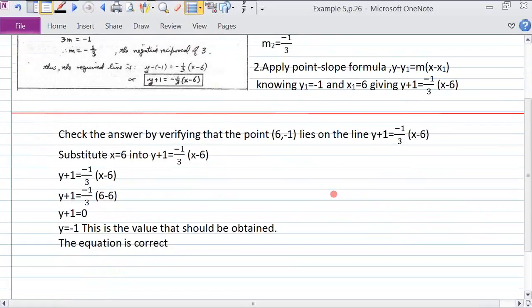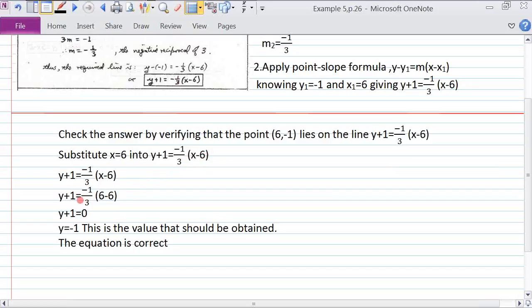Now, we can just check this by verifying that the point (6, -1) lies on this line. If there's something wrong, it won't work out. So let's check it. First of all, we substitute x equal to 6 into the equation that we found, y plus 1 equals minus 1/3 times (x minus 6).